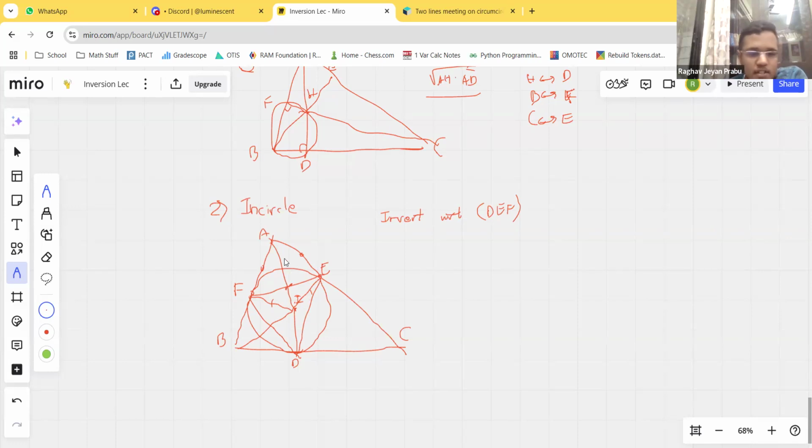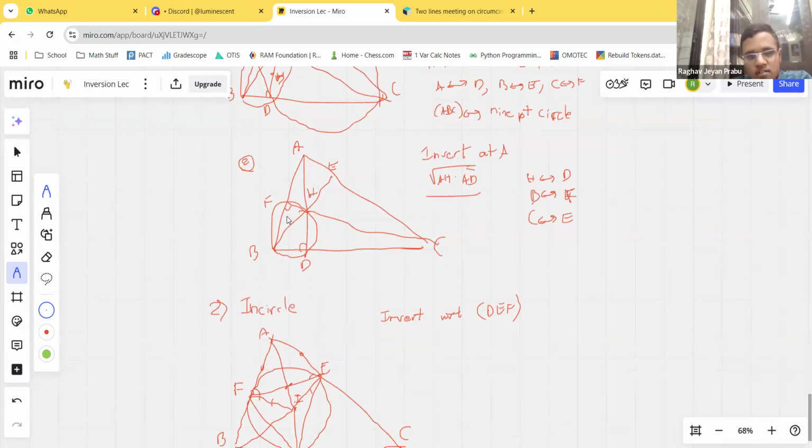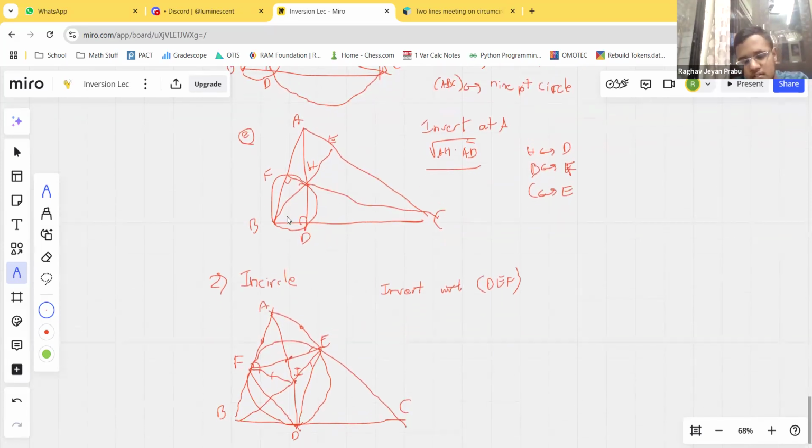Or you can also think of it in this way. You have AFIE to be cyclic, right? Because both angles are 90 degrees. So since AFIE is cyclic, it is essentially a circle passing through the center of inversion. So that will become a line not passing through I. But you already know that F and E are preserved because they lie on the circle.